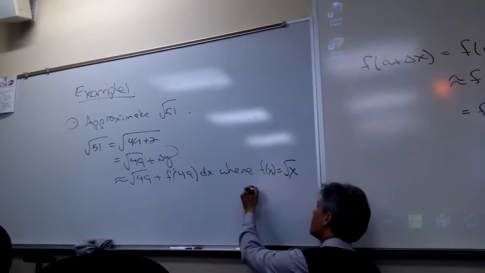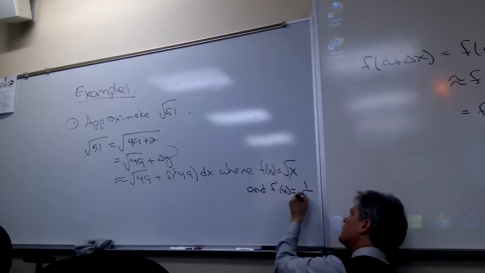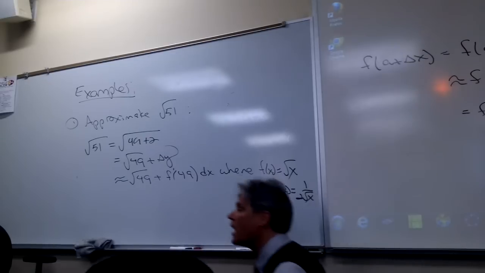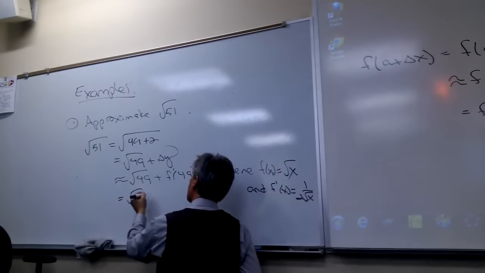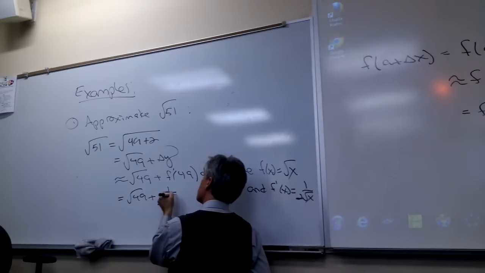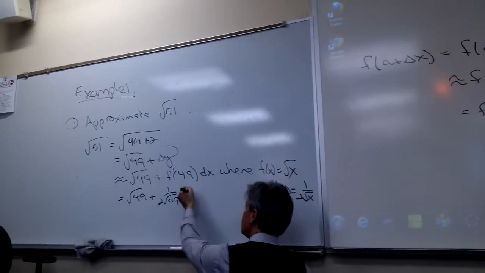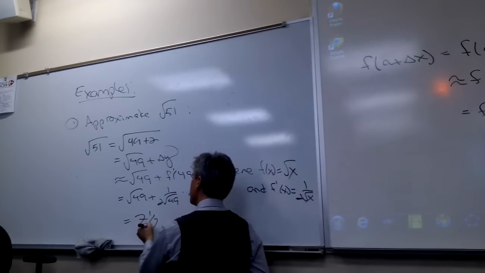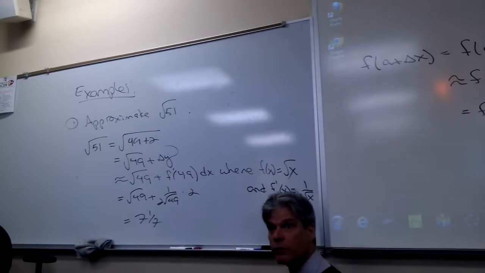And I also think its derivative function you and I can generate off the top of our heads in our deep, deep, deep REM sleep. That being the case, I maintain that what I have sitting in front of me is the square root of 49 plus 1 over 2 times the square root of 49 times a small deviation in the x direction, but that's just simply 2 units. But that means I'm merely left with a 7 and 1/7. Holy cow, you guys. I just came up with a decent approximation for the square root of 51.